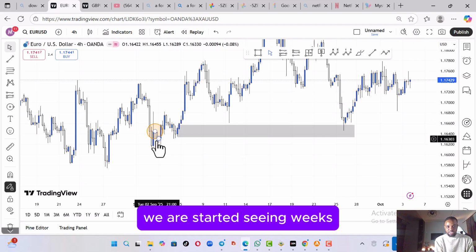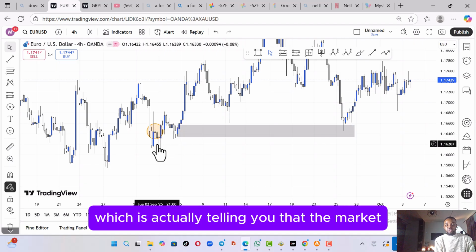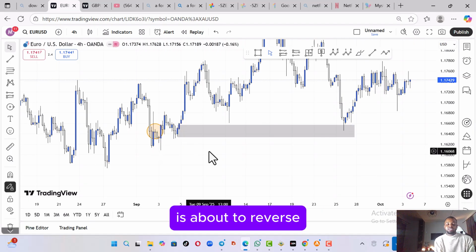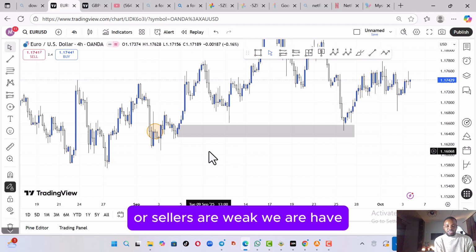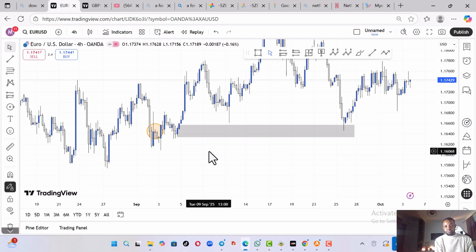We started seeing wicks, wicks, and wicks, which is telling you that the market is about to reverse or sellers are weak. We are about to have more buyers in the market, right?